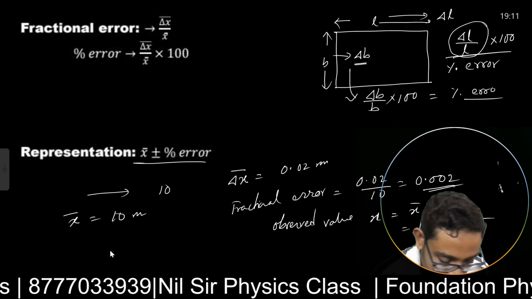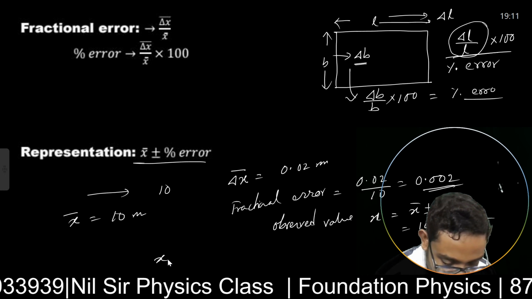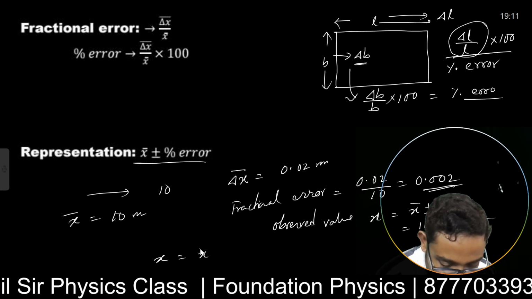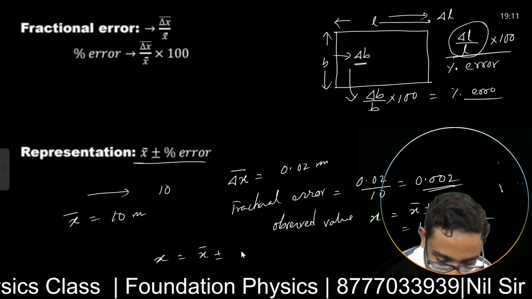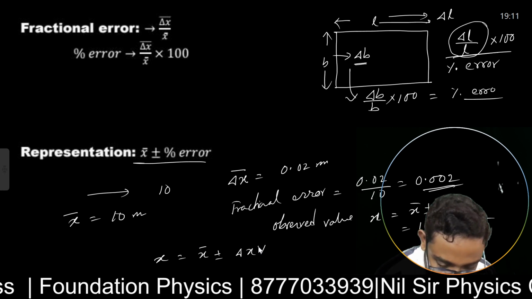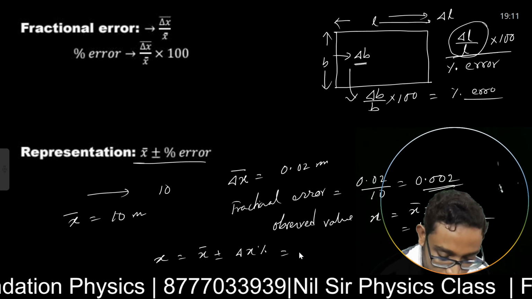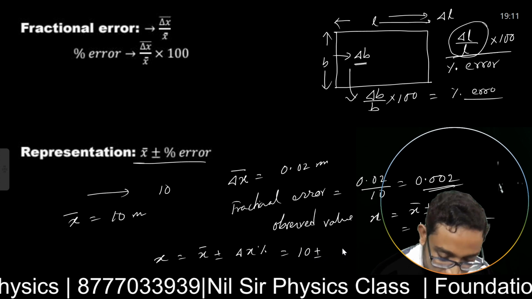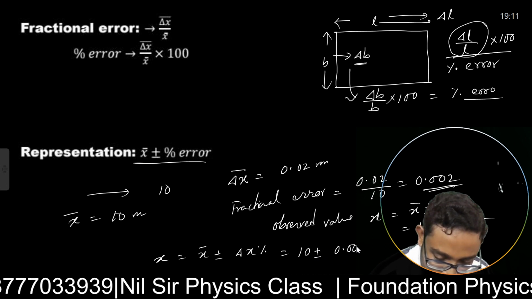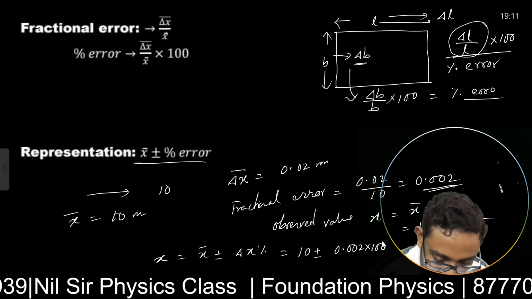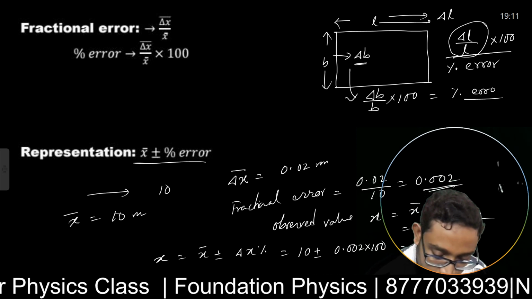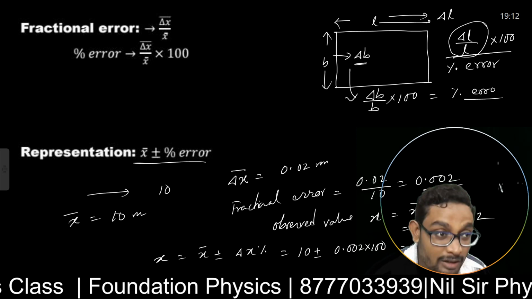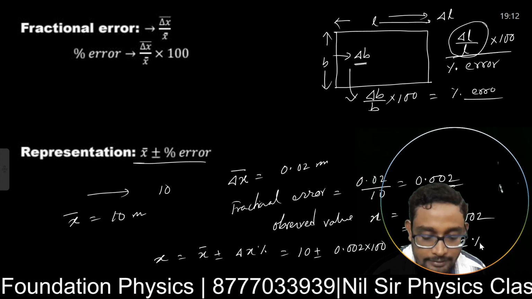So this is the observed value in terms of percentage. So x will be x bar plus or minus percentage, which equals 10 plus or minus 0.002 into 100, plus or minus 0.2 percent.